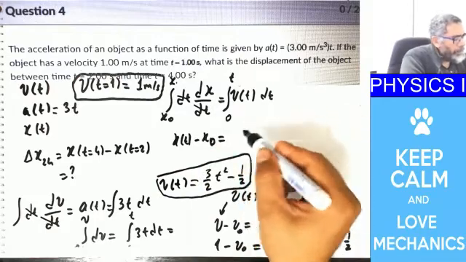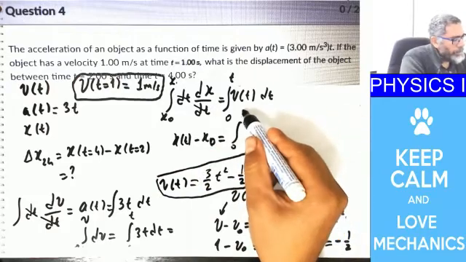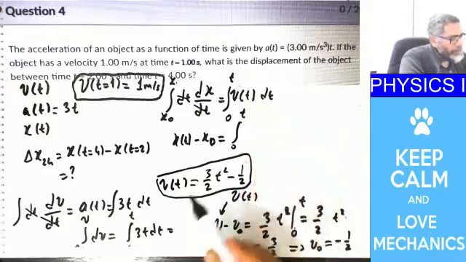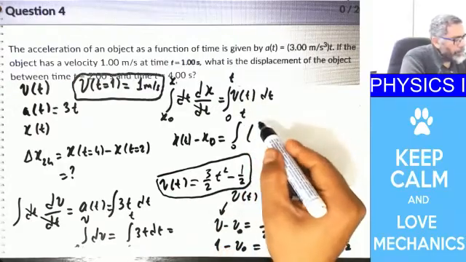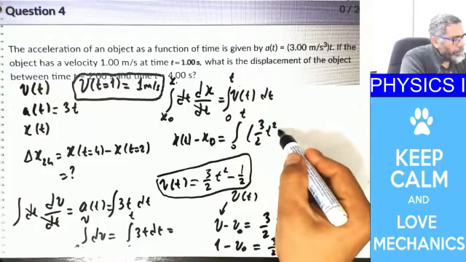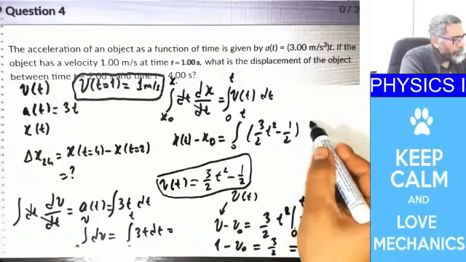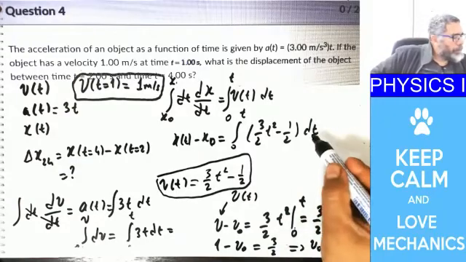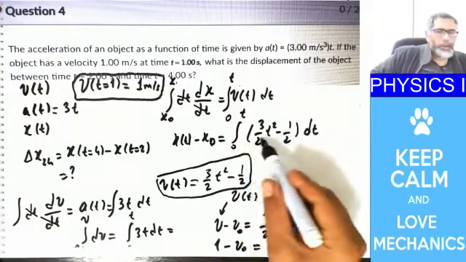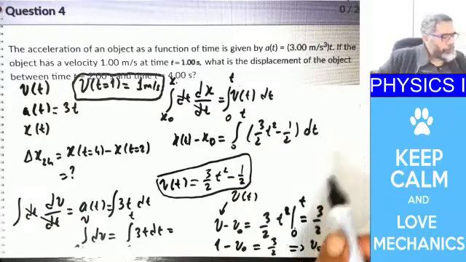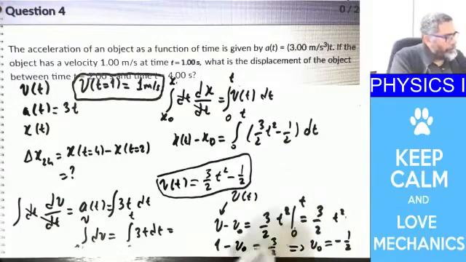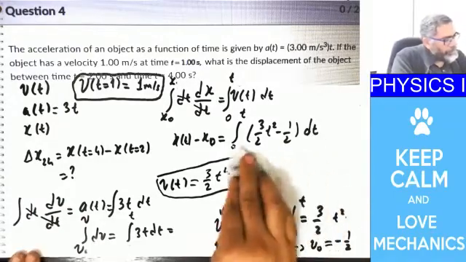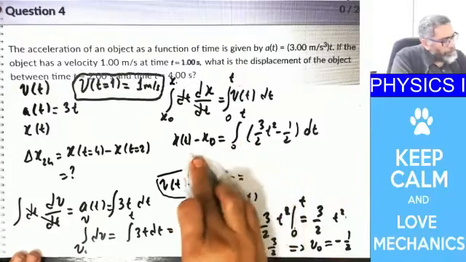And on the right-hand side, you just put this v of t, which is 3 half t squared minus 1 over 2 dt, okay? So this is the integration that you have to take. And I have to erase this part in order to continue to take this integral.